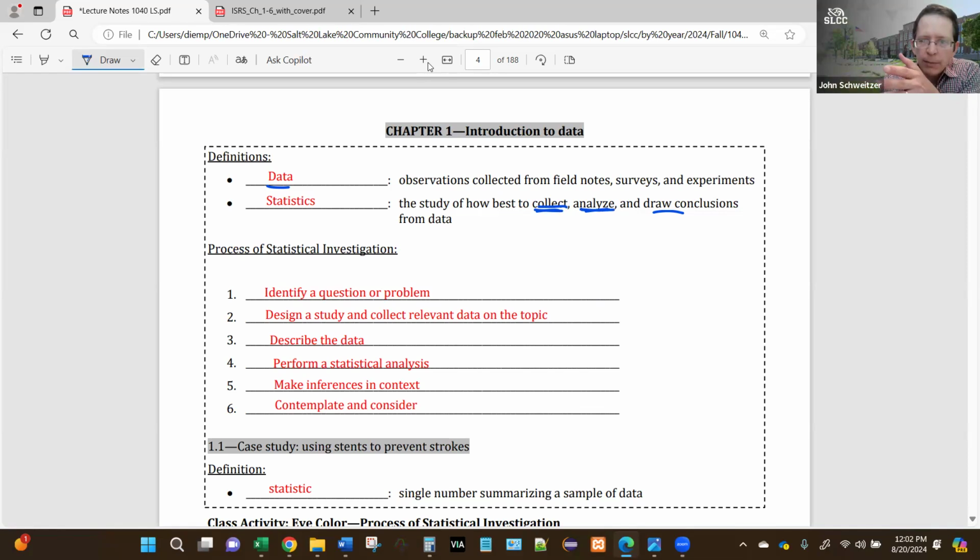Others will spend time thinking about how to take a sample and draw a conclusion about a population. That's called inferential statistics. Okay, so stats is a very broad field. And yeah, but this is a nice way of thinking about what it is we do in statistics.